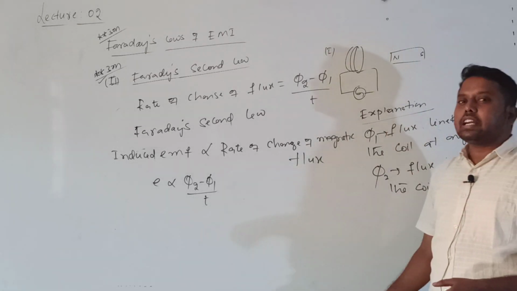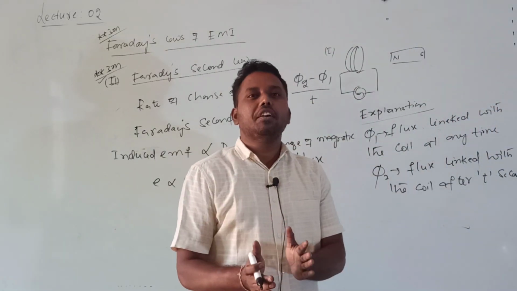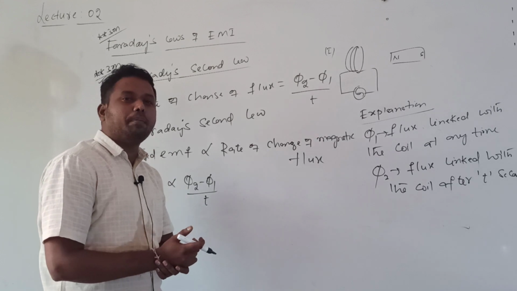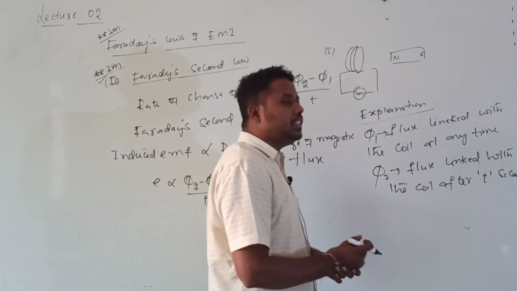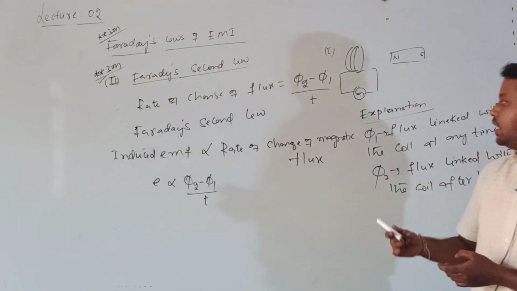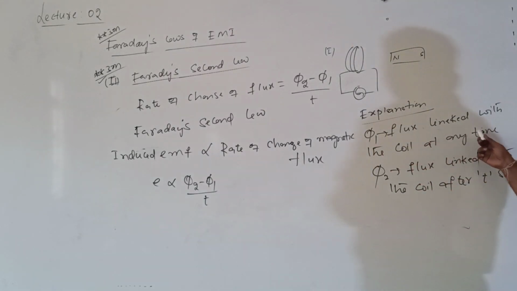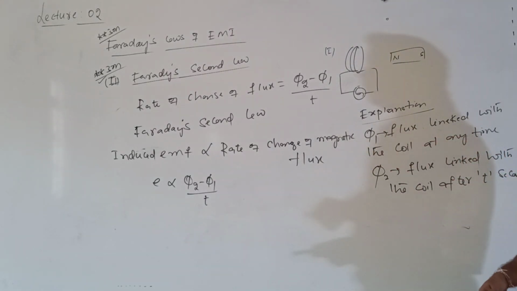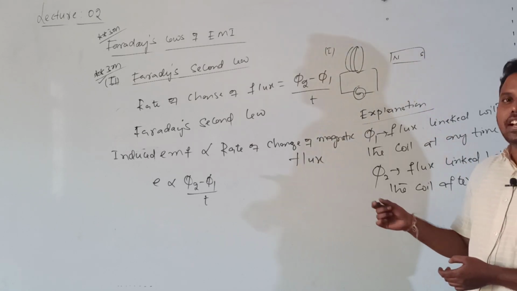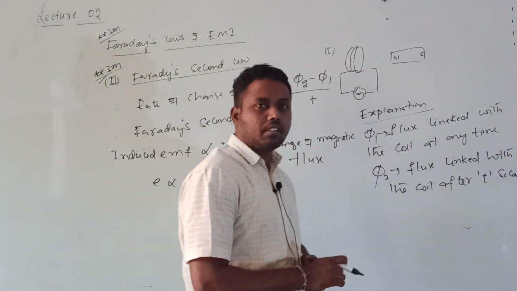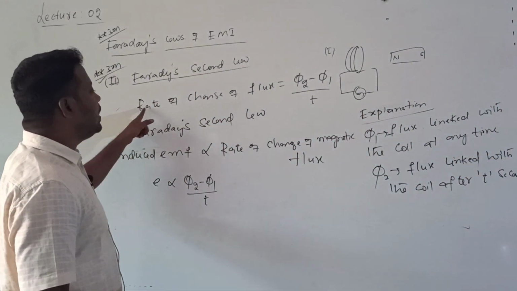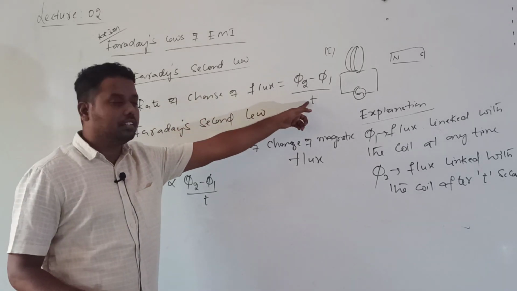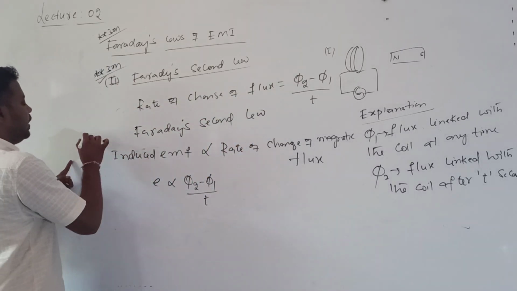So the conclusion is what? The induced EMF developed is directly proportional to the rate of change of magnetic flux. So let us consider at any time the flux linked with the coil is phi 1. After t seconds, the flux linked with the coil is phi 2. Then the rate of change of flux is given by this, according to Faraday's second law.